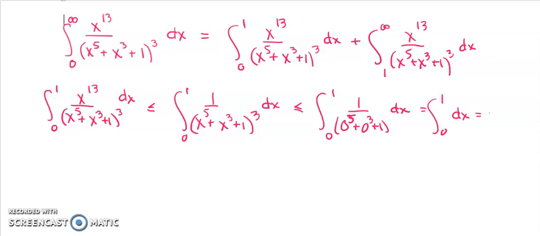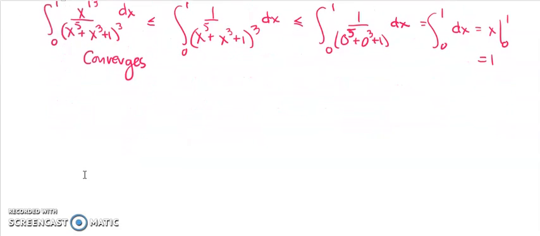That equals x evaluated from 0 to 1, which equals 1. So the first part of that expression is less than or equal to 1, which means it converges.